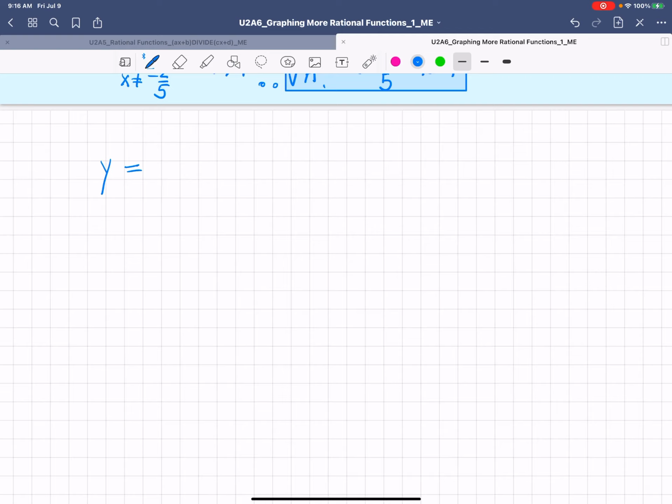So we have y equals negative 3x squared plus 4 over 2x squared plus x minus 1. So again, I check and see what the highest degree is in the whole function, which is 2. The ratio of the leading coefficient of the numerator is negative 3, and this is 2. So horizontal asymptote is y equals negative 3 over 2.